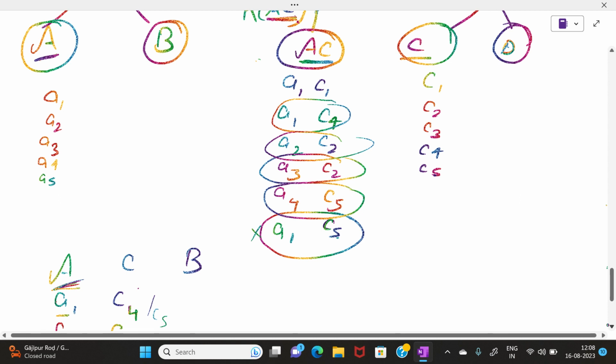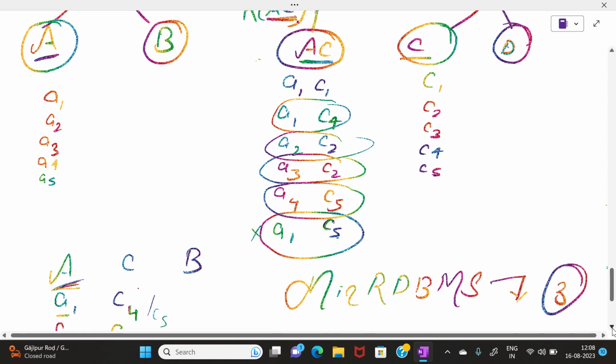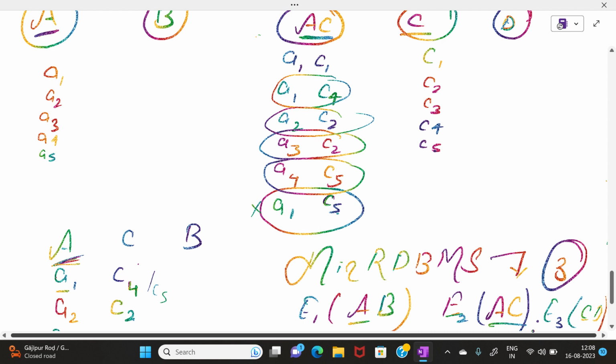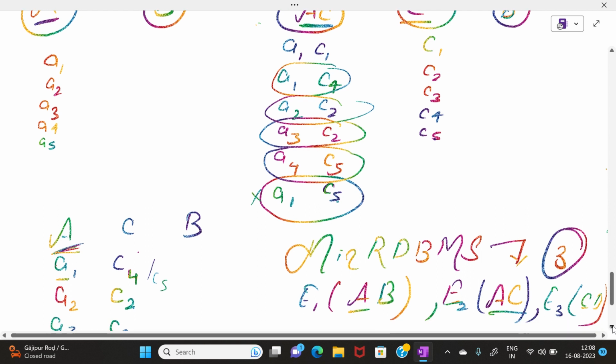So that is why the minimum number of RDBMS tables would be 3 here. Because it won't be 2: it will be E1 with A as candidate key, R with AC as candidate key, and E2 with C as candidate key. So 3 tables are required, right?